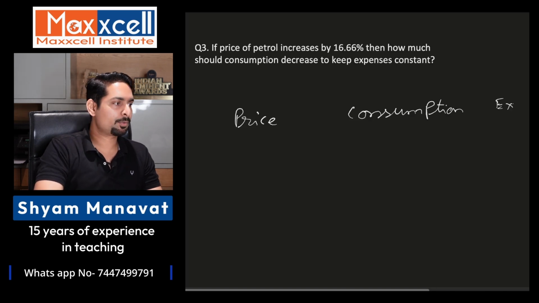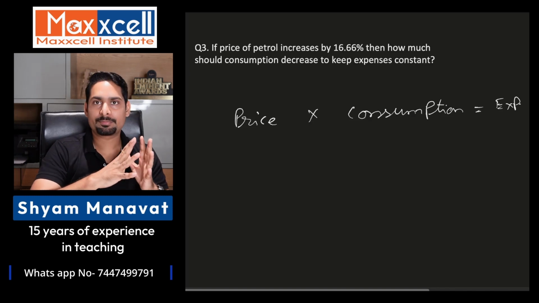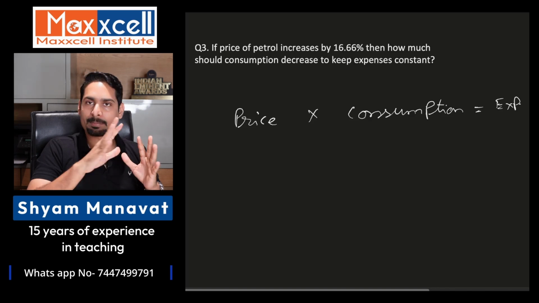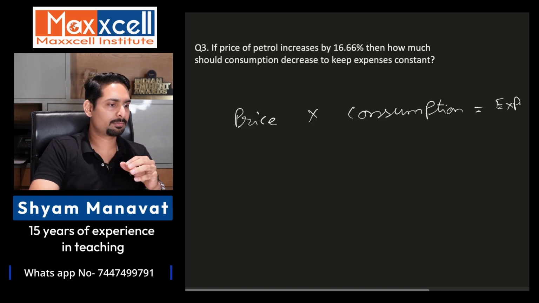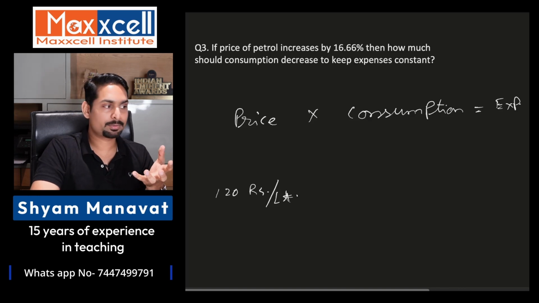So you will always see price into consumption equals expenses. You can take an example also. Suppose the price of petrol is, for example, 120 rupees per liter, and the quantity of consumption for you is 10 liters.